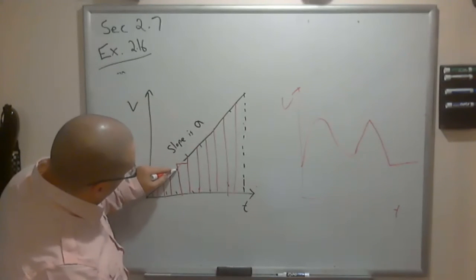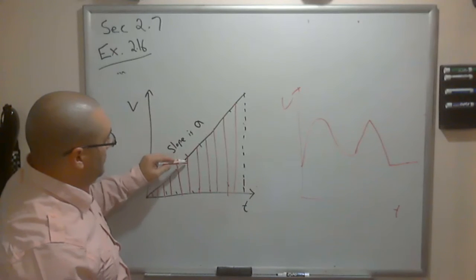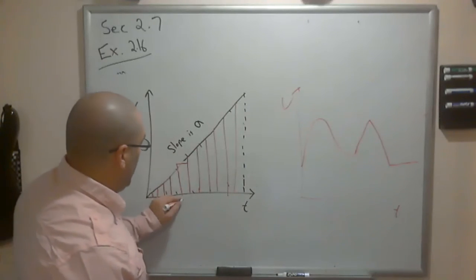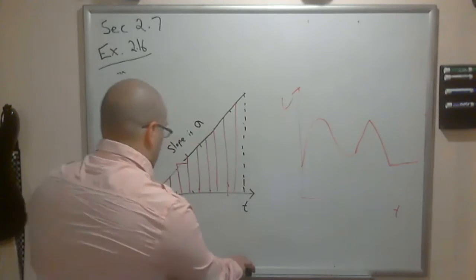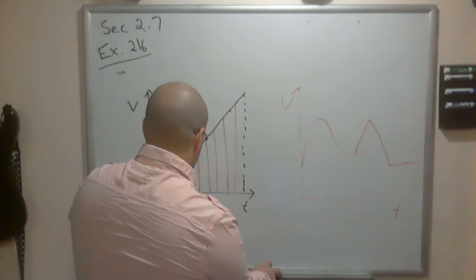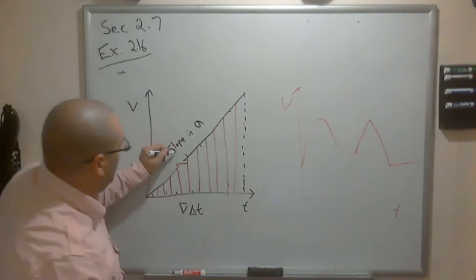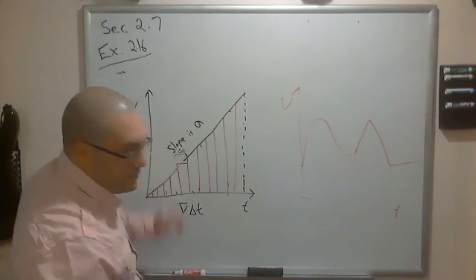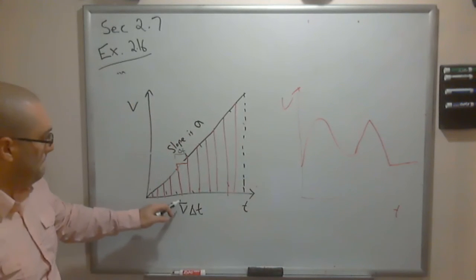So between this point and this line, I just take the average velocity. Let me write this in. You take the average velocity and you multiply it by the width over here, right?